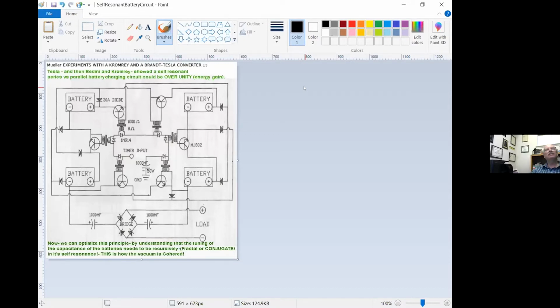You got 4 batteries. And it looks like you got a round robin system, rectifier bridge for a load. A lot of big capacitors in there. And in the middle there, you see timer input. I assume it's some kind of square wave that's going into the thing. Yeah, you got a whole bunch of drive, these 4 transistors there.